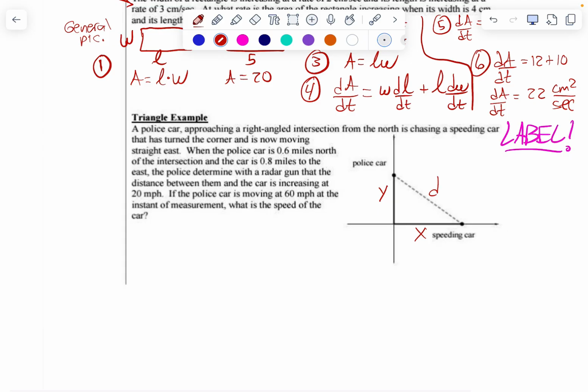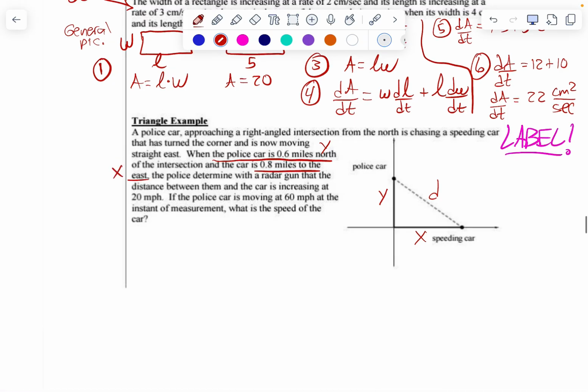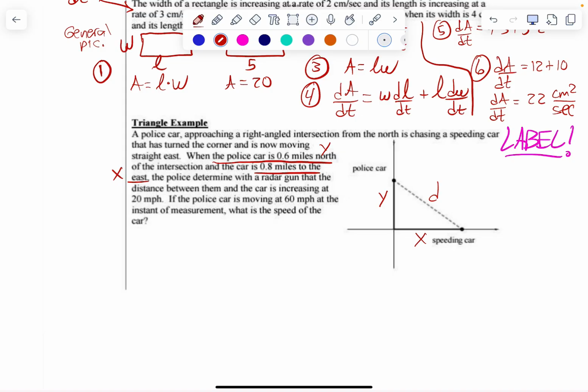When the police car is 0.6 miles, so that is a location, right? That's important. What letter in our scenario is that? Maybe you could label it. It's Y. Good. And the car is 8.8 miles. Which one is that? Okay.